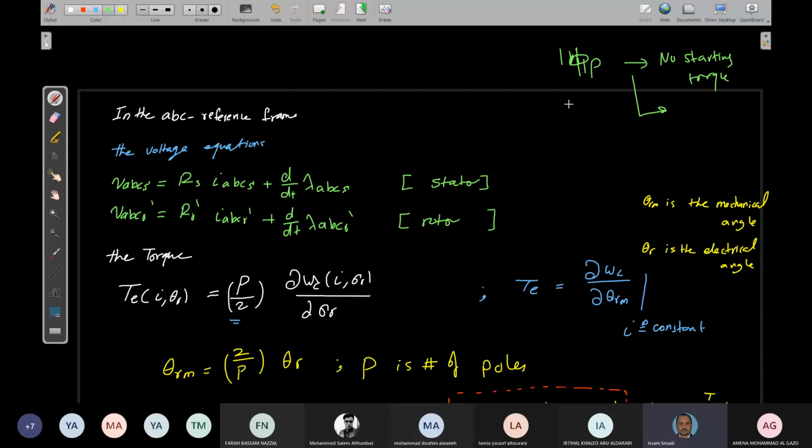So this means that if I can design a machine to be 5 phase, 7 phases, or whatever, in this case I will get more torque per unit volume. The second thing, I will get reduced harmonics in the torque.